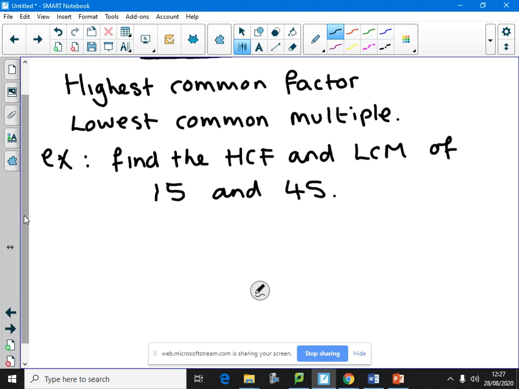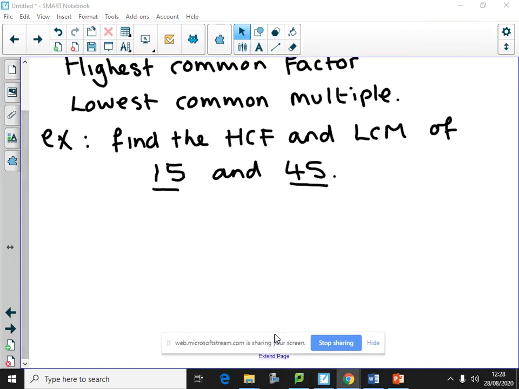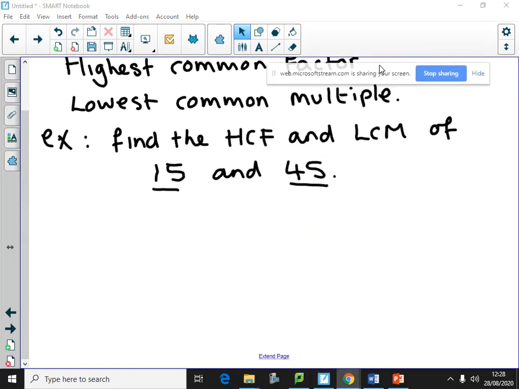Because they are not high numbers, that would be quite easy, but they could ask you for much higher numbers. So I'm going to show you the high-rise and owl method, and hopefully that will help you and make it a little bit quicker.